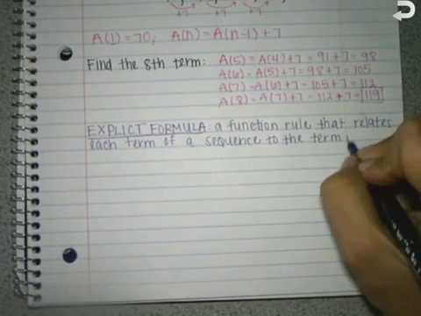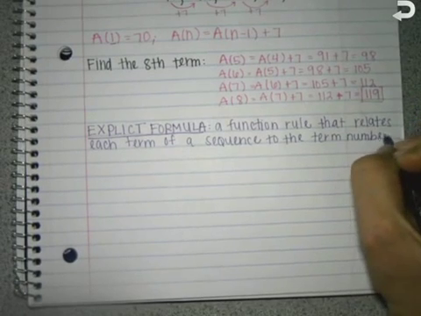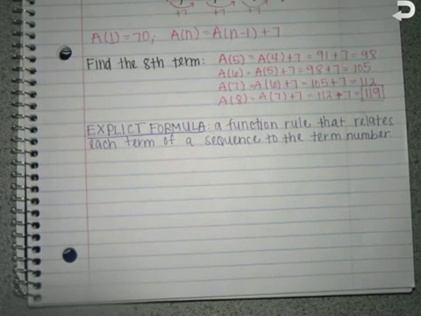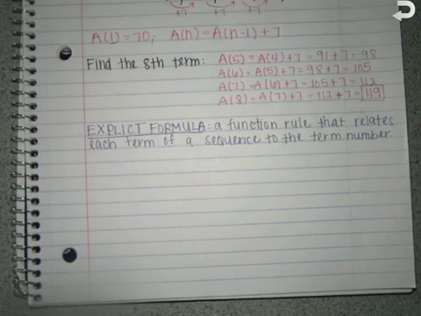So basically, we're going to be able to come up with a formula for any type of arithmetic sequence where I say find the 100th term. You can plug in 100 and it will give you the actual term. Preview for what's to come on Monday.